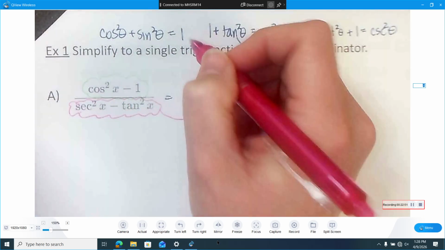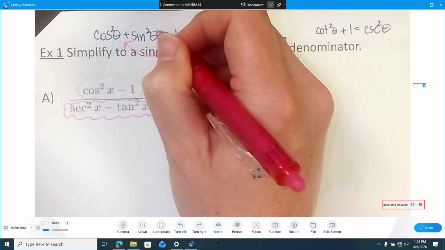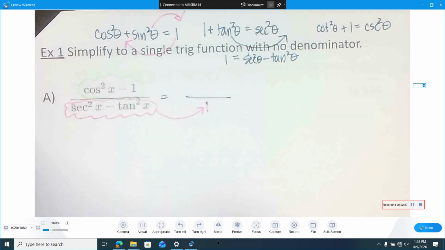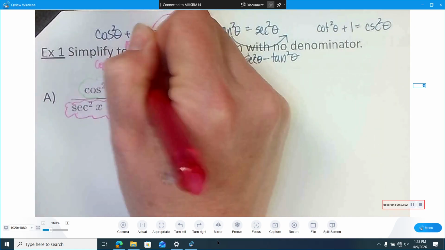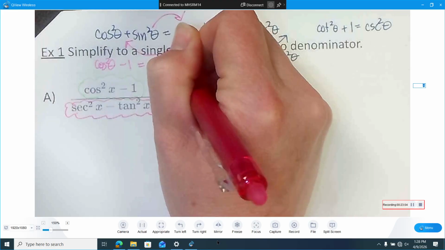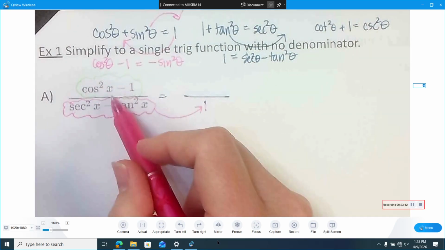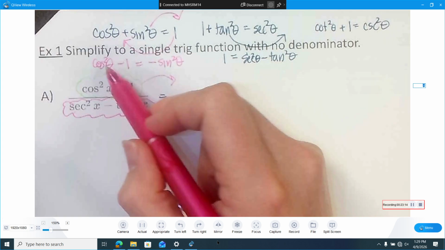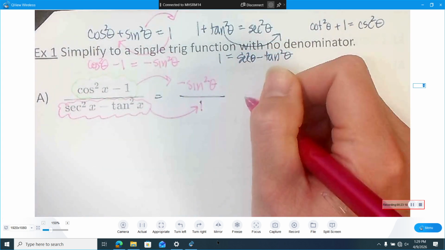Cosine squared minus 1, if I bring my minus 1 over here, I have to move the sign to the other side as well. Cosine squared theta minus 1 would be negative sine squared theta. So we do have to be a little bit careful sometimes. Does that make sense to you? All right. So cosine squared minus 1, I get to replace that with negative sine squared theta.